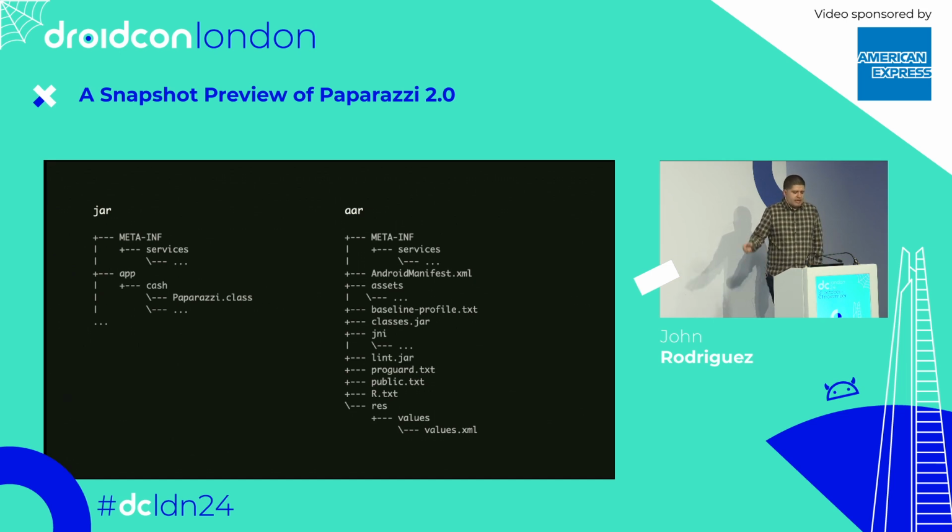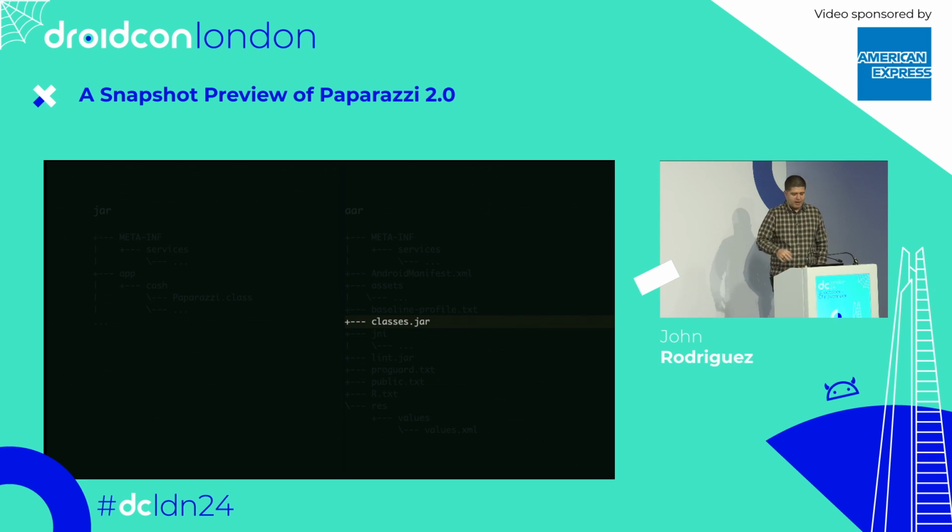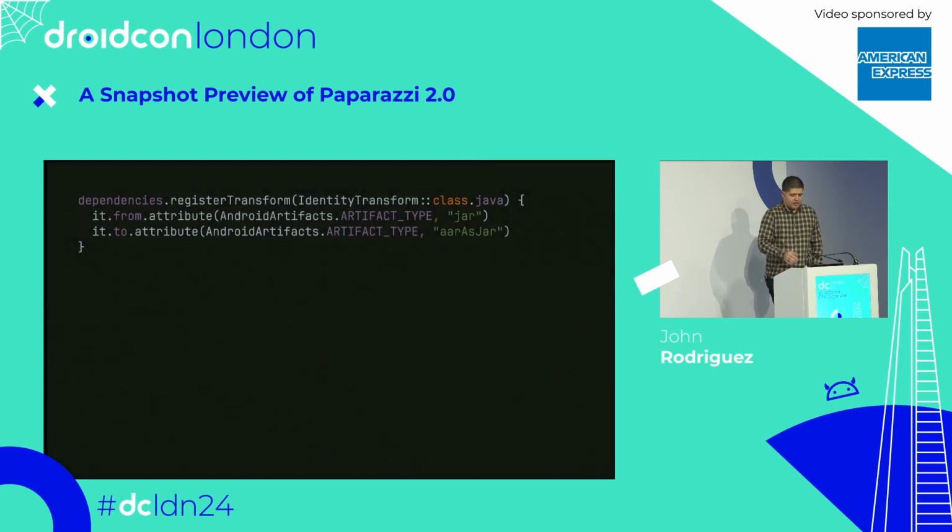But needless to say, a jar has bytecode and manifests and a few things, whereas an AAR has a lot of things: ProGuard files, lint, the bytecode itself, the resources, of course, et cetera. There's no way for a JVM module to even know about what Android is and what artifacts it can provide. So you have to inform Gradle how to match that relationship.